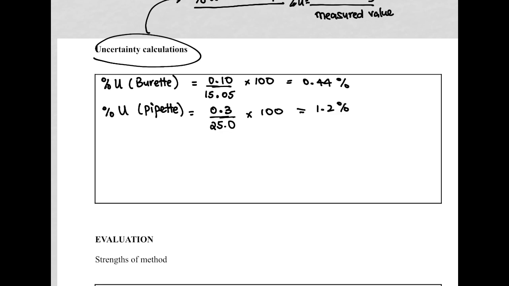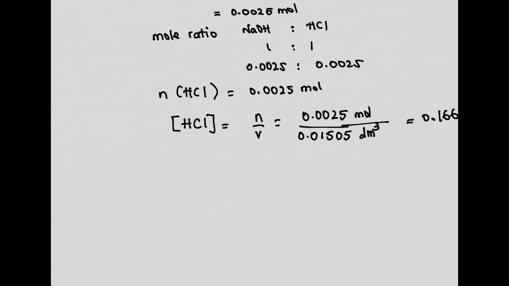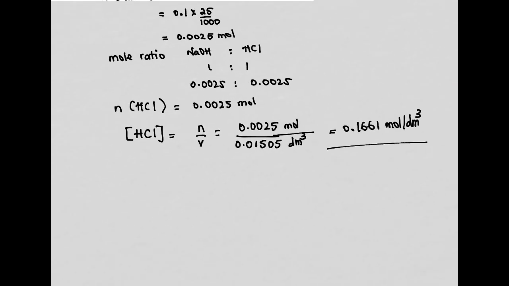So I have the uncertainty of the two equipment. Then I'm going to find the total percentage uncertainty, which is going to be a sum of these two. So 1.64%, which means that there is an error of 1.64% in my concentration of HCl that I found.